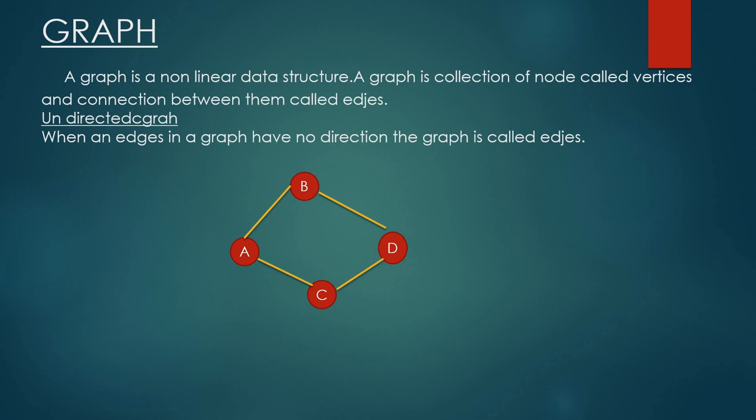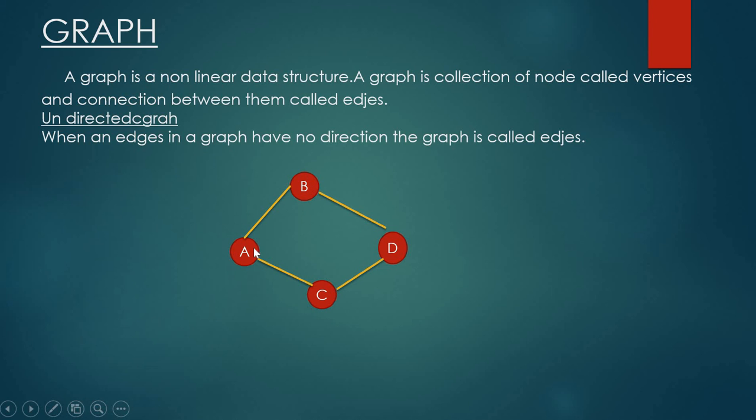Then the second nonlinear data structure is graph. A graph is a nonlinear data structure and it is a collection of nodes called vertices and connections between them called edges. Graph is a collection of nodes called vertices.